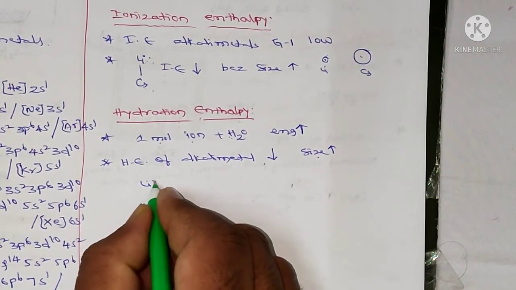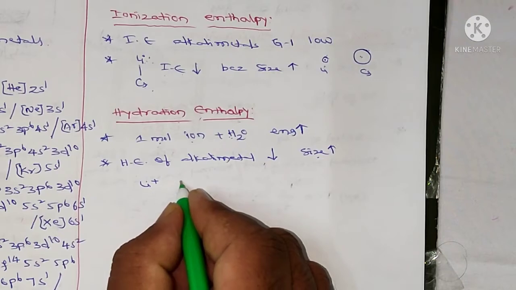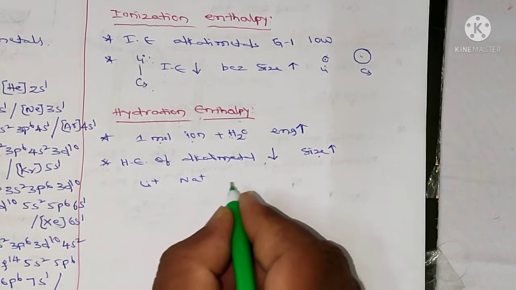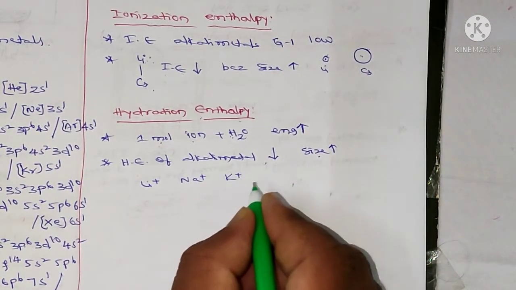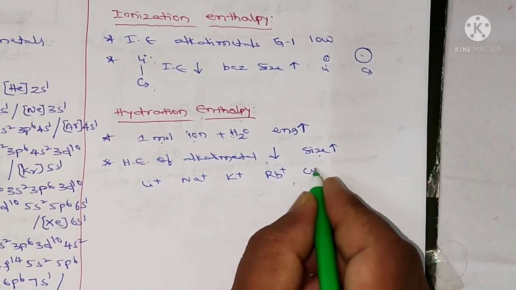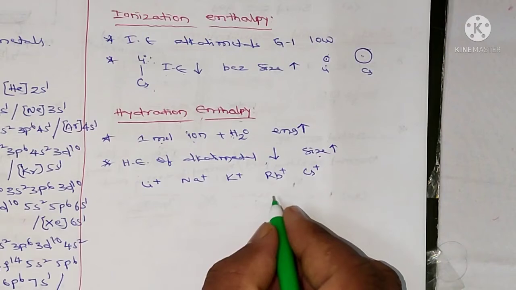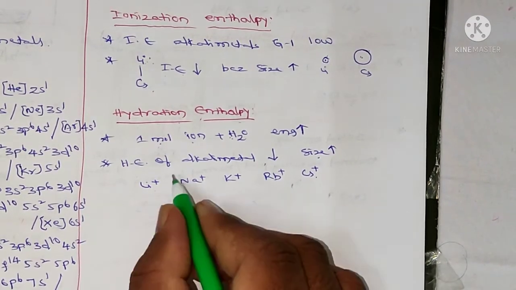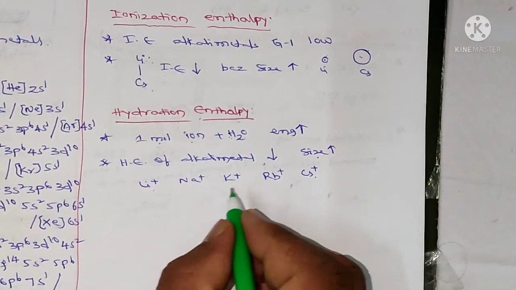For example, I am taking lithium plus, sodium plus, potassium plus, rubidium plus and cesium plus. These are the alkali metal ions. Hydration enthalpy decreases.